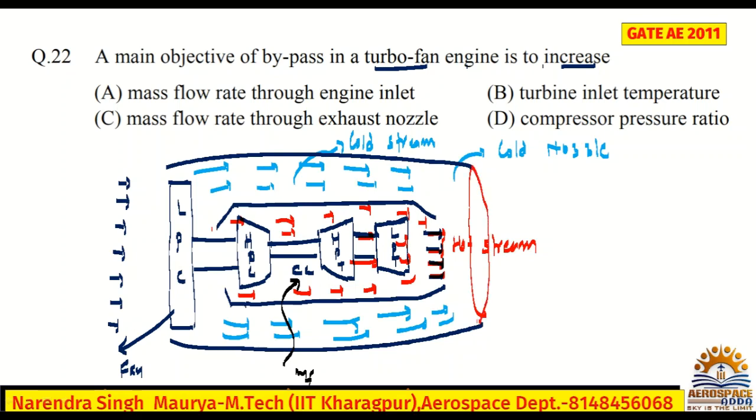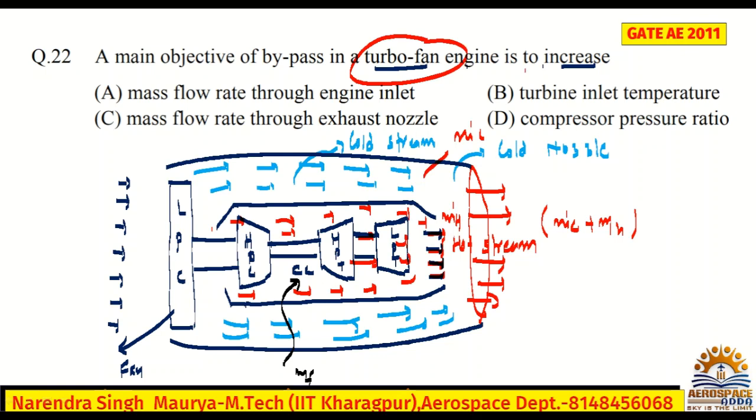In this combined effect, this is the hot air, so we will say m dot h, and this is the cold, so m dot c. Overall, m dot c plus m dot h. Now the main objective of bypass in a turbofan engine is to increase what?